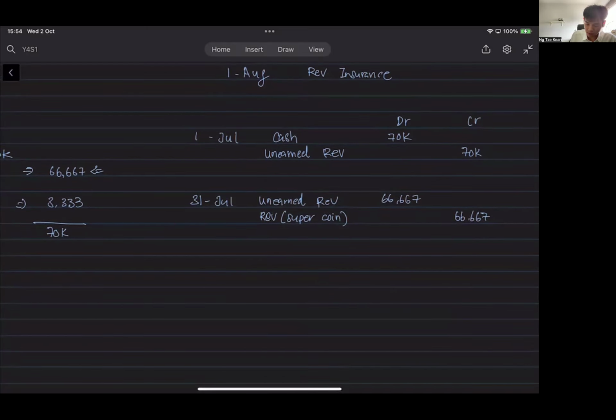And on the 1st of August, recall over here that COGS is not applicable, right? Meaning we do not need to match this revenue with any cost of sales. So which is why this entry would be very simplified. And on the 1st of August, we have the remaining unearned revenue here, and we have the revenue from the insurance, the remaining 3.